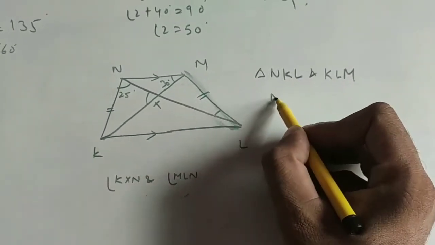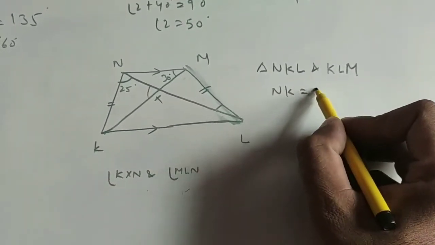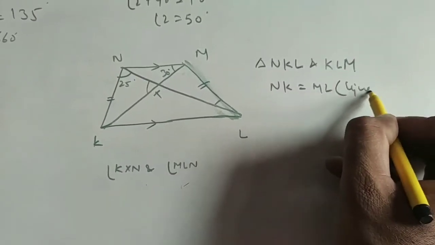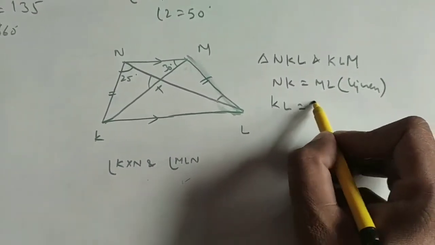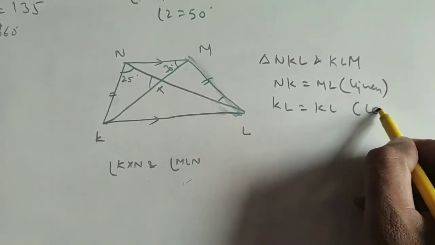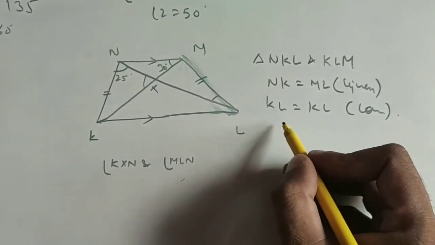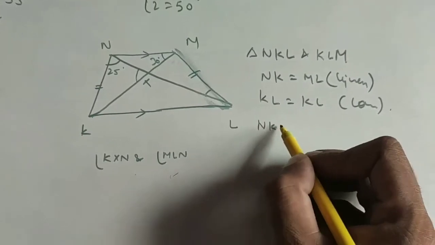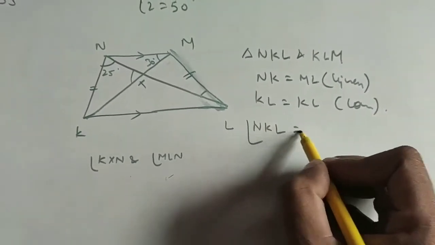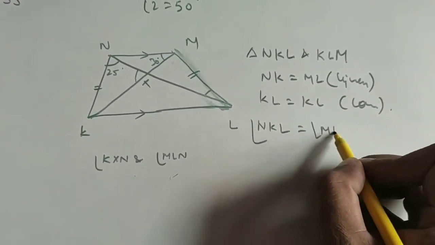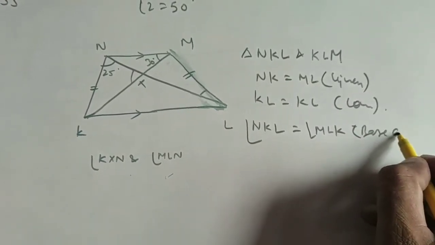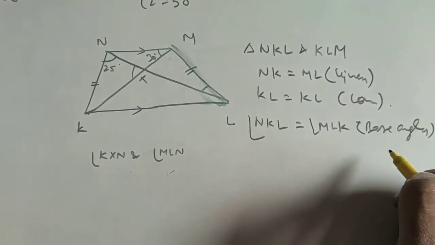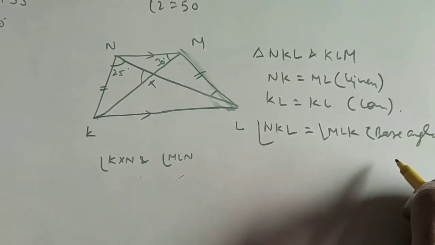How? Because NK is equal to ML, because this is given as the trapezium is isosceles, and KL is equal to KL, common to both the triangles, and we know that angle NKL is equal to angle MLK, because these are the base angles, and base angles of an isosceles trapezium are equal.